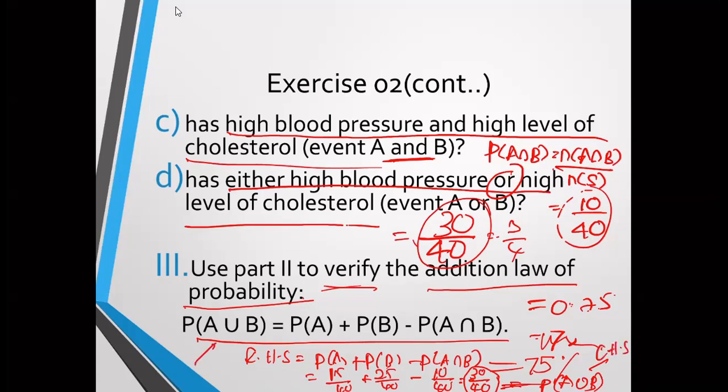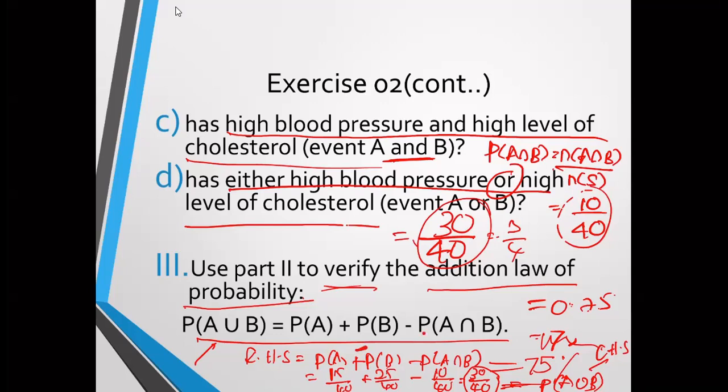So this is how we usually verify a statement or an expression. Okay, we need to consider one part first, one side. So using that side, we have to show the other side. Okay, so we are starting from the right hand side.